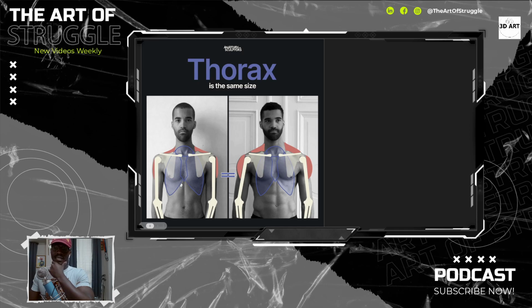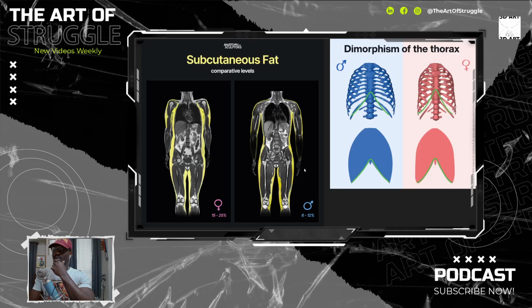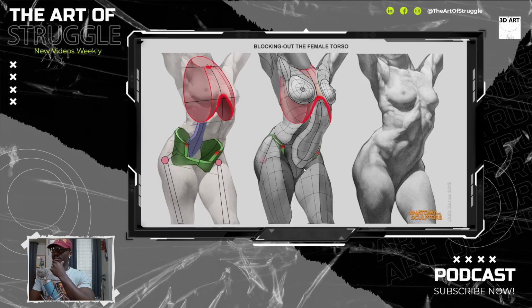He didn't grow his rib cage, you know what I'm saying? He did put on some muscle around it, and when you put on muscle around it, that's the result you get, growing the traps, the delts. These are the little things you guys need to keep in mind.